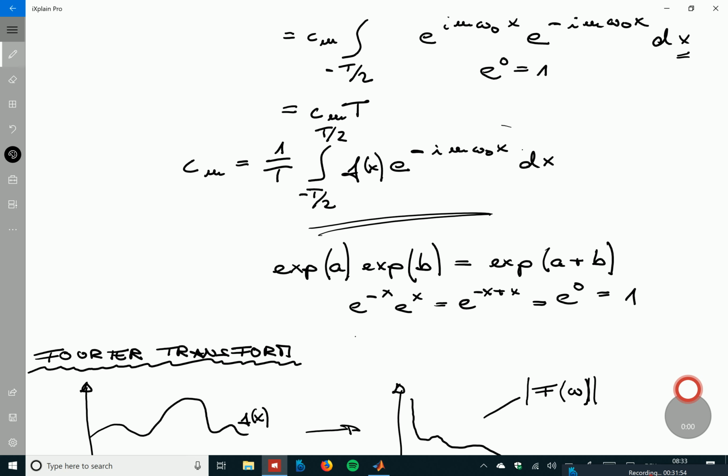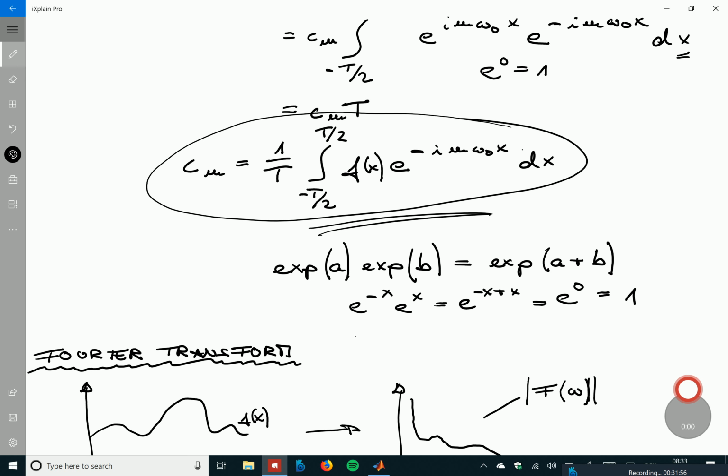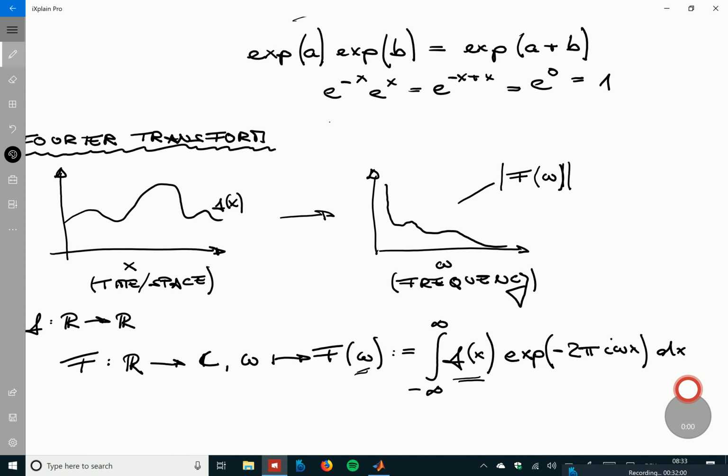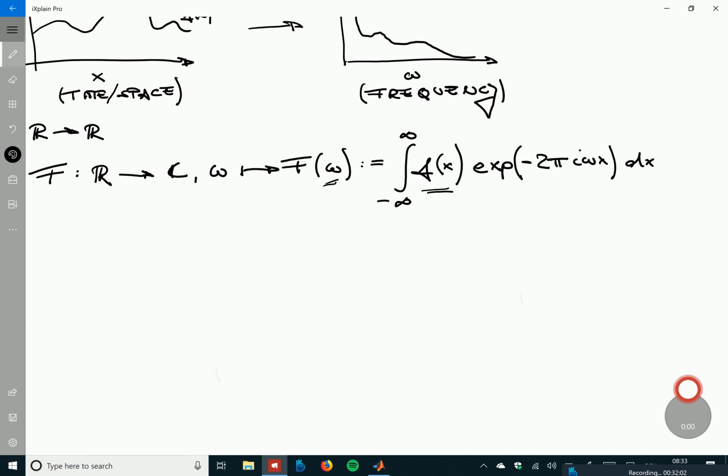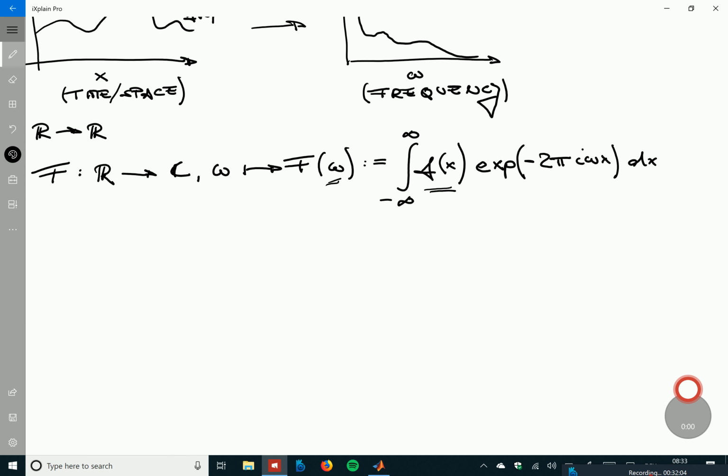these coefficients in the complex Fourier series. So I write this coefficient formula down here to make this intuitive, although mathematically this will be hand-wavy.